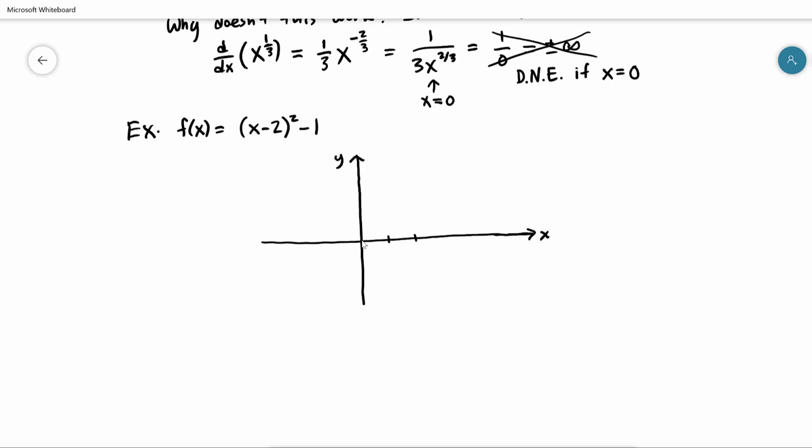The vertex of this one is going to be shifted 2 to the right and 1 down. So 2, -1. Here's the vertex of this one. It winds up looking like this. So here is our y equals f of x.